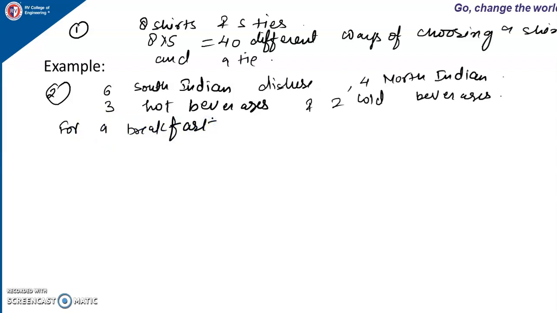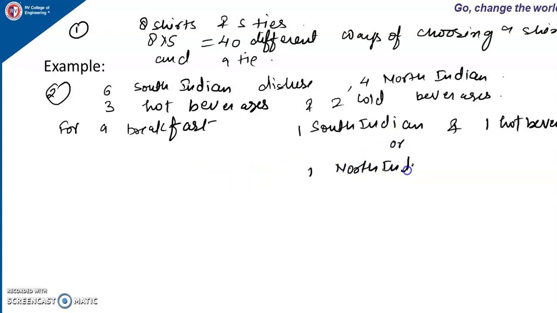a student wants to buy 1 South Indian dish and 1 hot beverage, or 1 North Indian dish and 1 cold beverage.